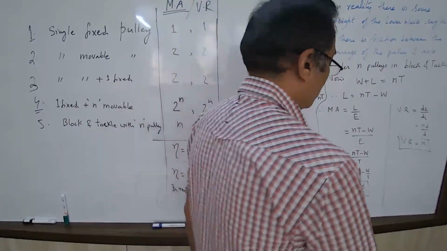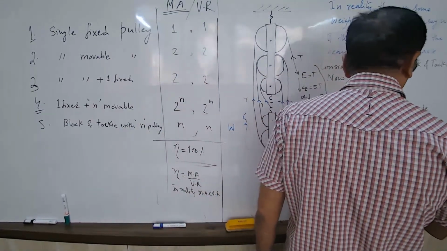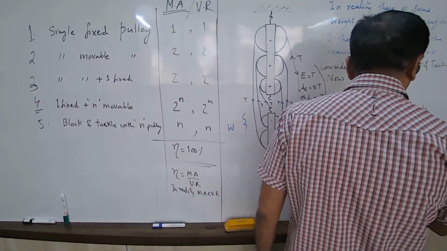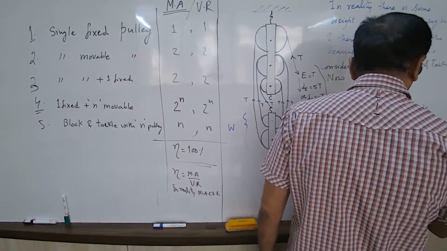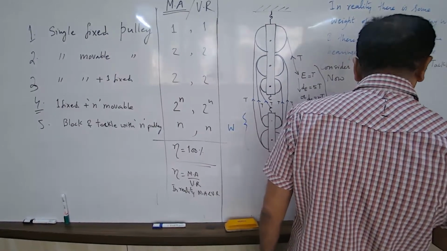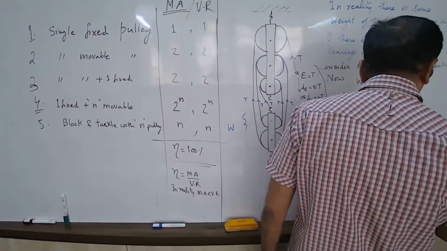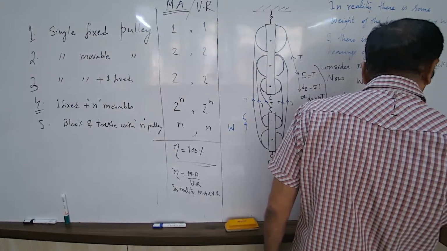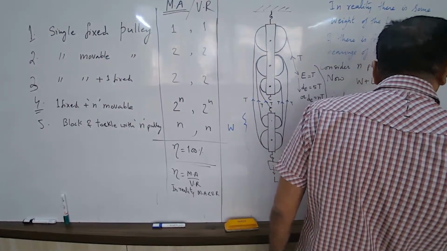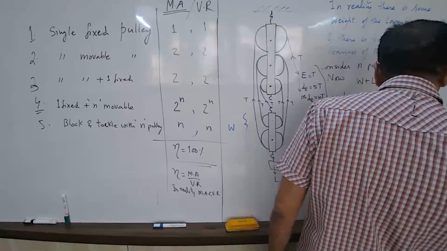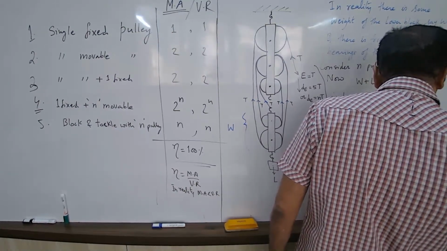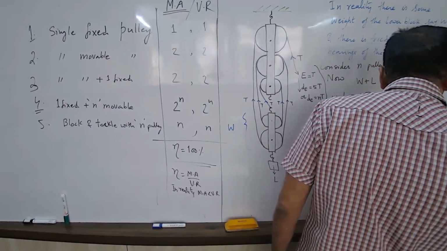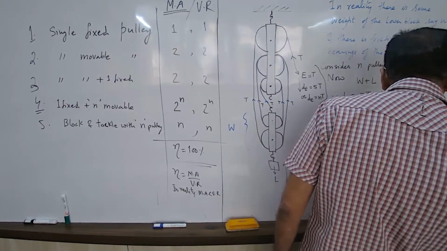Okay, so what is the efficiency? Therefore, efficiency is equal to MA upon VR. This is equal to N minus W by T divided by N. So this is N by N minus W by NT.